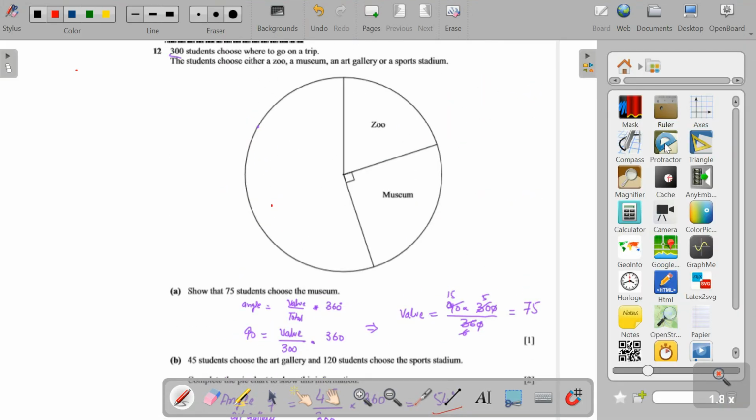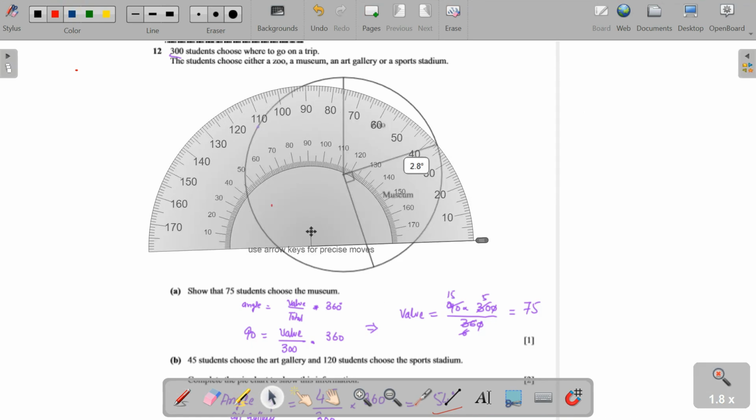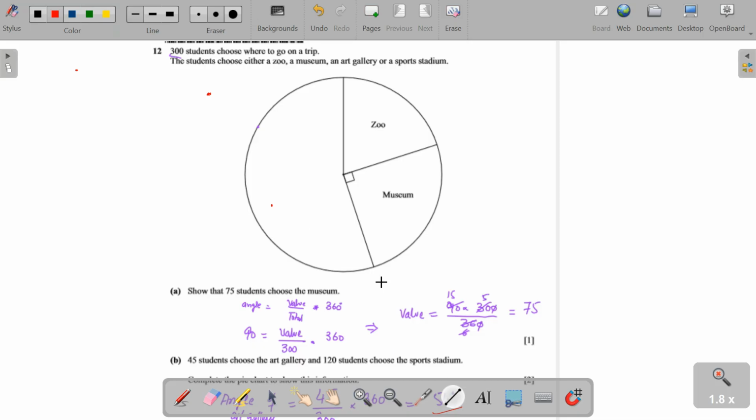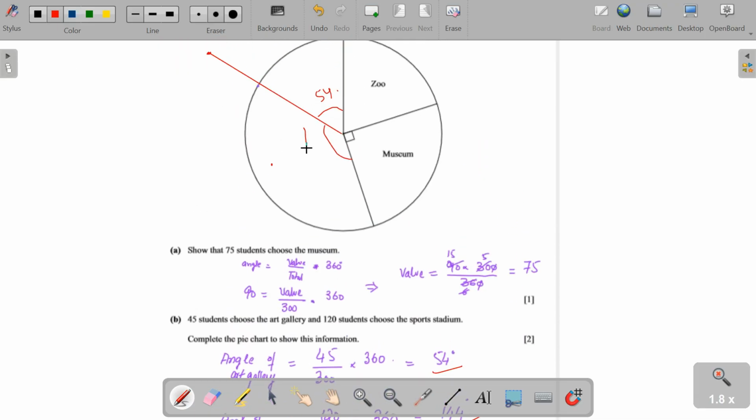For which we need a protractor. We need to draw 54. So this one is 10, 20, 30, 50, 54. This one is 54. So when we draw a line from here to here, this angle is 54 and the remaining angle is 144.